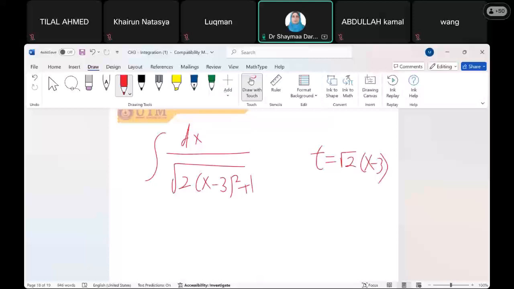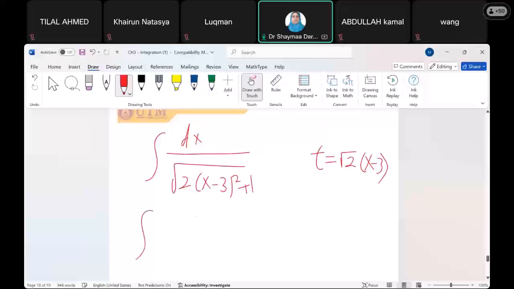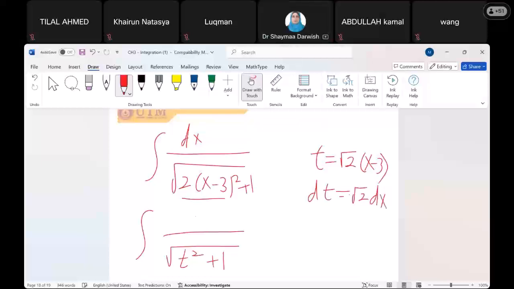Square root of 2x minus 3. Why? Because all this part has to be t squared plus 1. So all this part has to change to t squared, so t itself is square root of 2x minus 3. Then dt is square root of 2 dx.